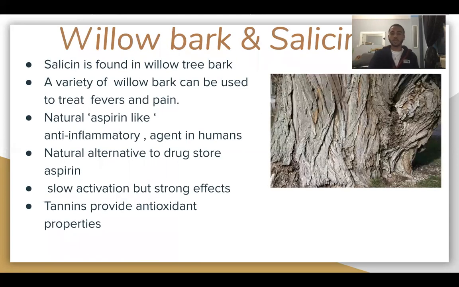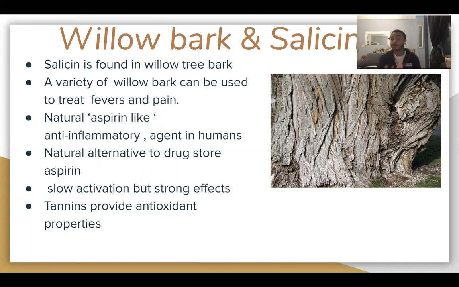Willow bark contains a compound, salicin, which is found in the bark of willow trees. A variety of different trees can be used for medicinal purposes. Salicin can provide natural anti-inflammatory properties in humans.